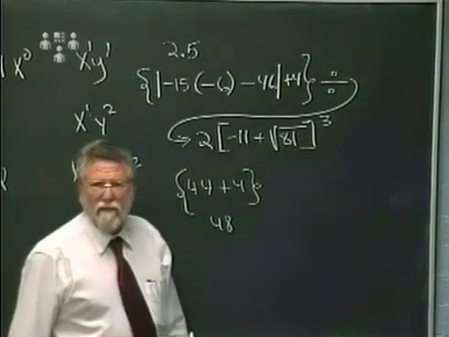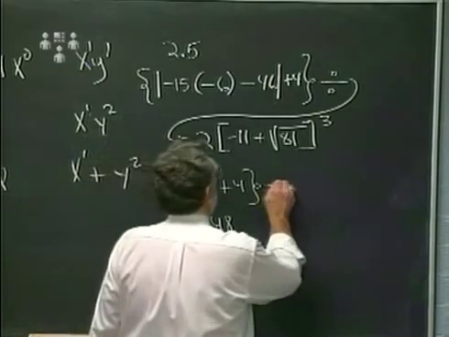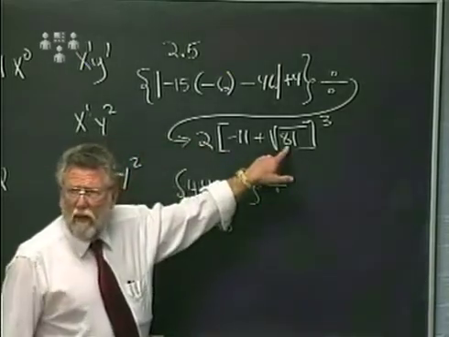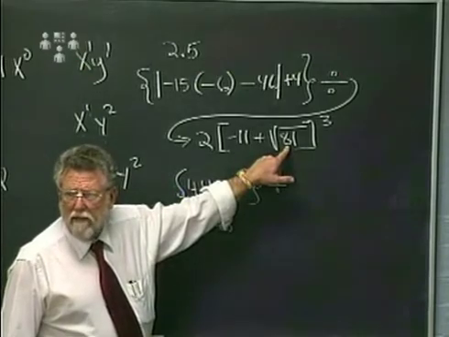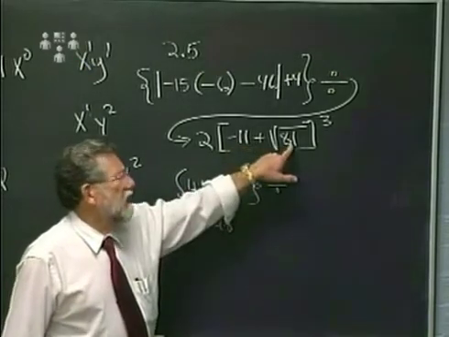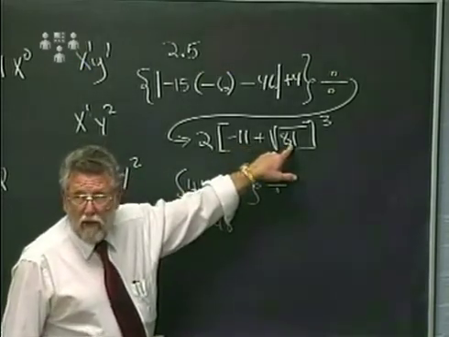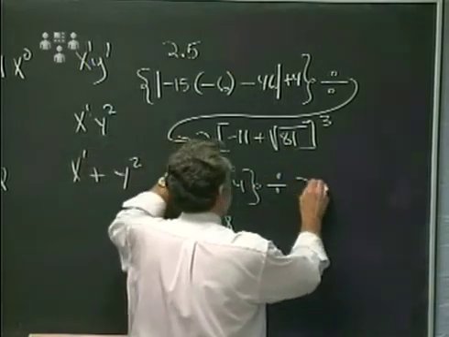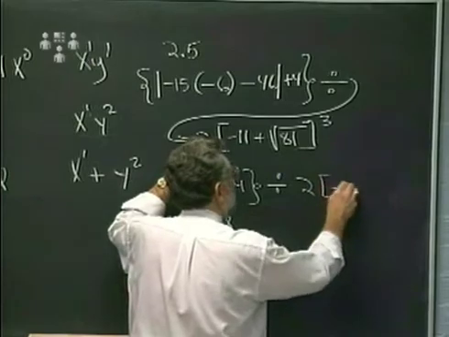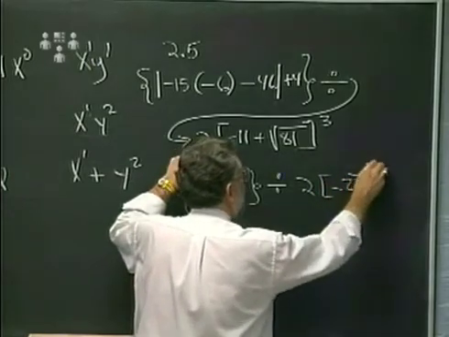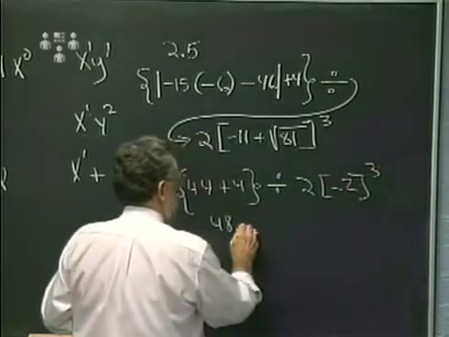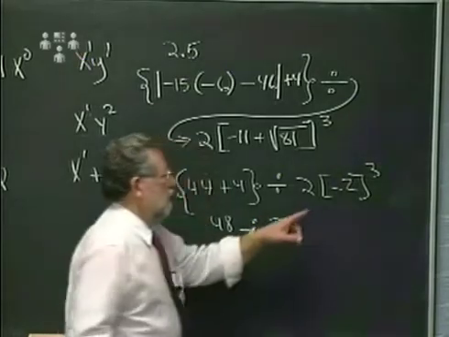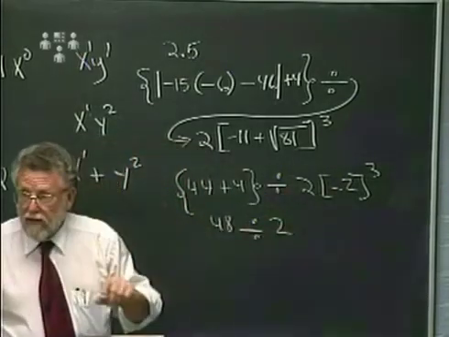Ah, okay. Now, but let's carry it through. Then the next part. I'm going to take this 81, take the square root, that's a 9. The minus 11 plus 9 is a negative 2. So that is divided by a 2 times negative 2 to the third. So let me write this. The next thing I'm supposed to do is what? Exponent next.